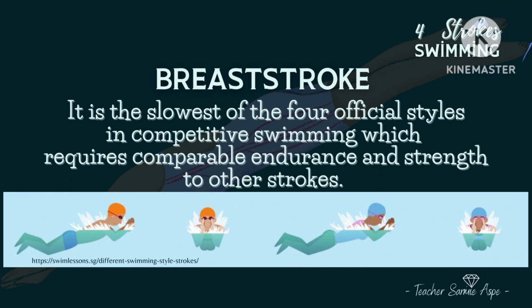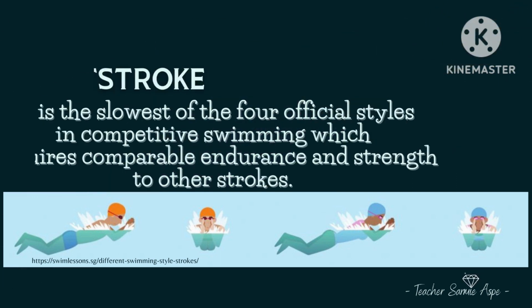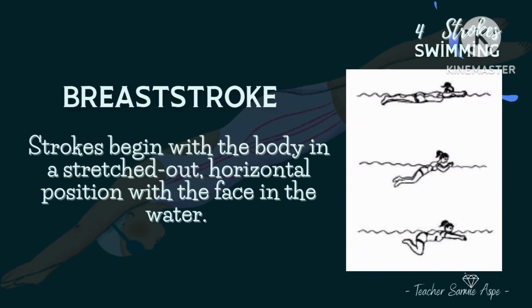Breaststroke. It is the slowest of the 4 official styles in competitive swimming, which requires comparable endurance and strength to other strokes. Strokes begin with the body in a stretched out, horizontal position with the face in the water.